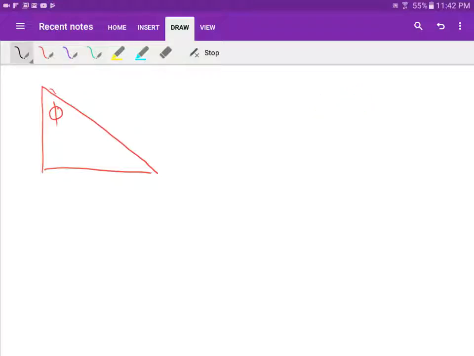Let's say this is phi, and this is 15 centimeters, this is 12 centimeters. I want your answer to the nearest degree. Remember, degrees means a whole number: round it to a whole number, that's all it is.